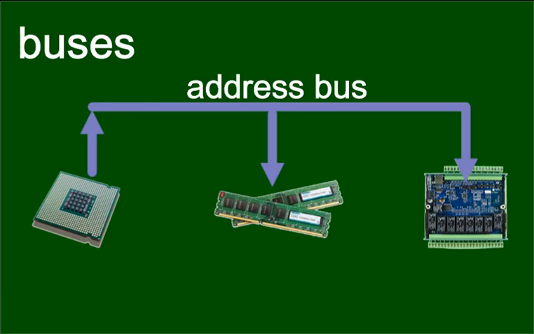So on the address bus we send data from the processor. For example, we need to send data from the processor to memory in order to get things from memory. Okay, so we send an address. Where are we getting that message from, the data from? The data will then be sent back on the data bus, not the address bus.